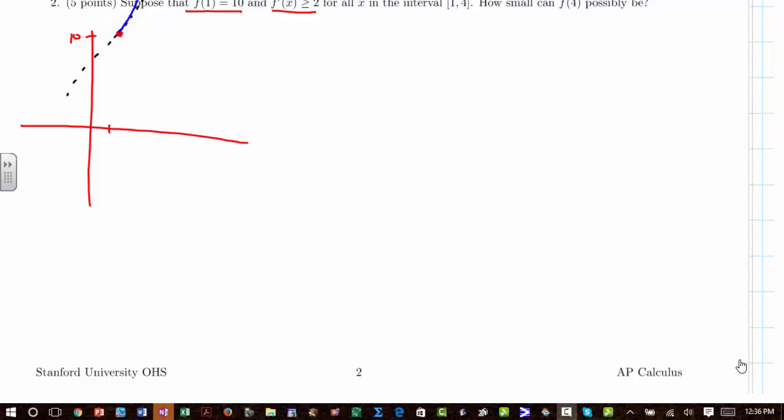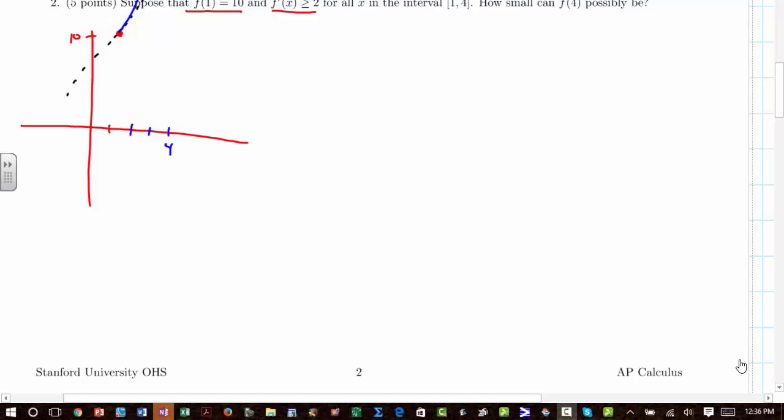Right? Now, I can use the black dotted line and go over to 4, and that point there has to be smaller than the real function's value, because the real function's value had to grow greater as it moved away from the point (1, 10).